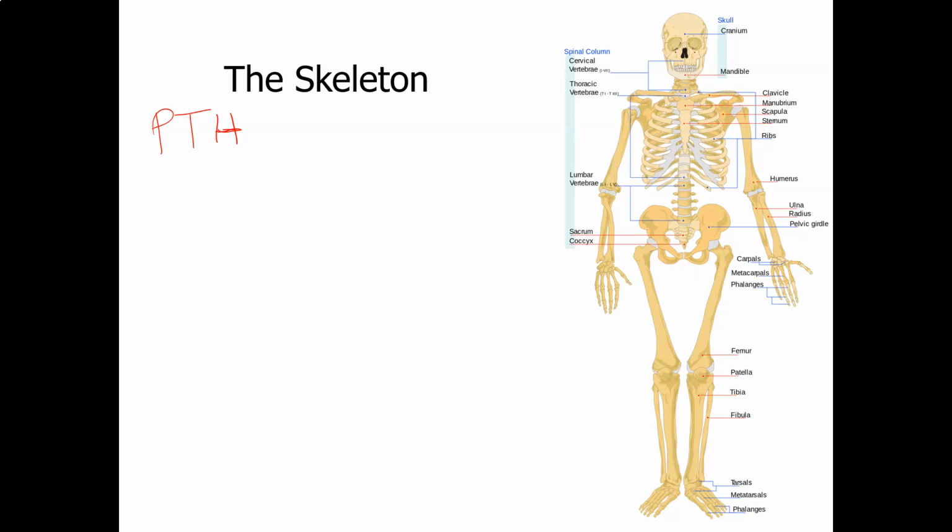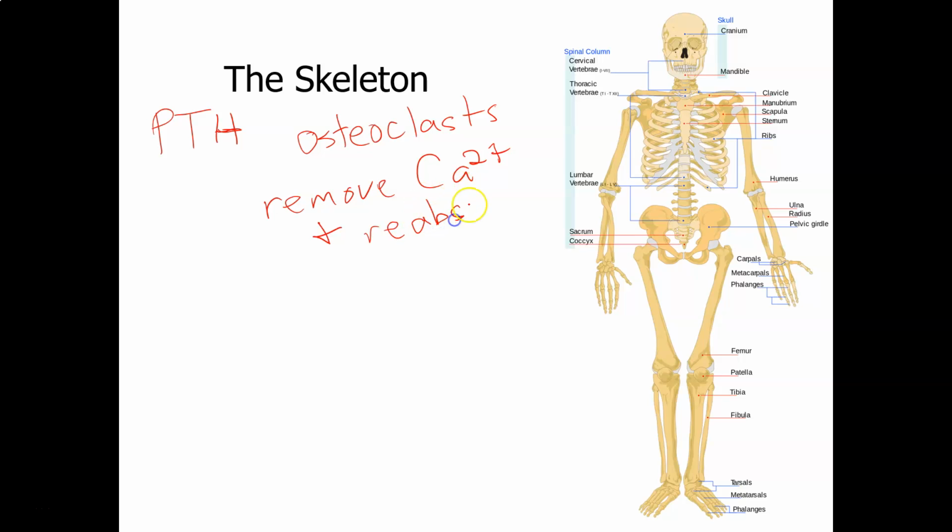What it does is it causes cells called osteoclasts to break down bone tissue and remove calcium from the bone, and it is reabsorbed into your blood. So that will raise your blood calcium levels.